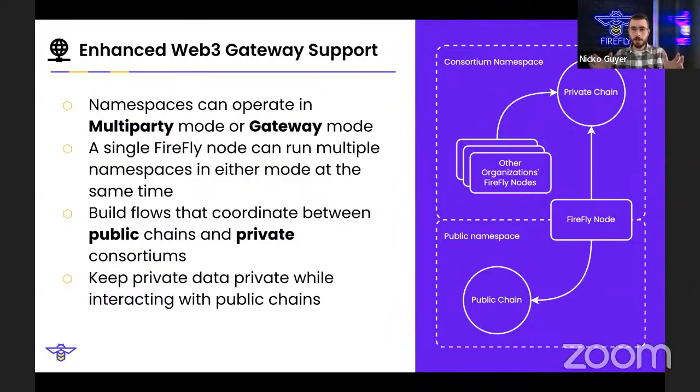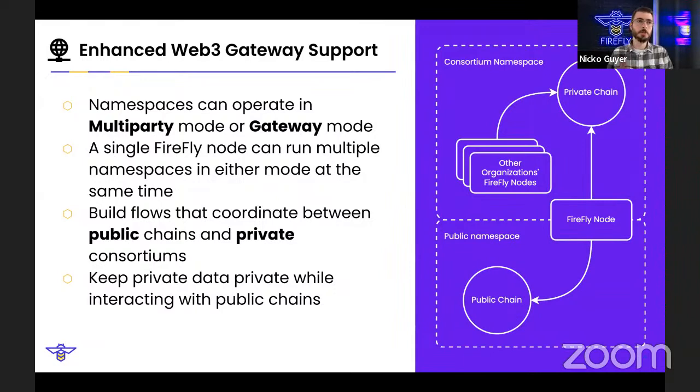So FireFly now has two different modes that a namespace can operate in. What we call multi-party mode, which is how FireFly prior to 1.1 has always worked in a multi-party consortium. You have many different organizations that are all running a FireFly node, and they're all talking to the same chain to perform business transactions together. And now there's also gateway mode.